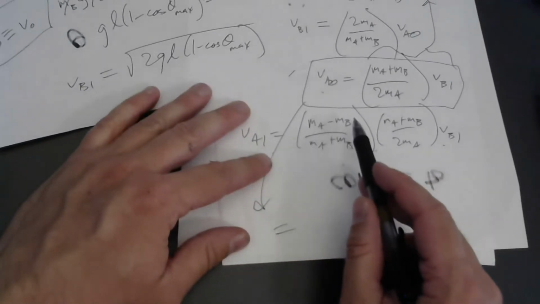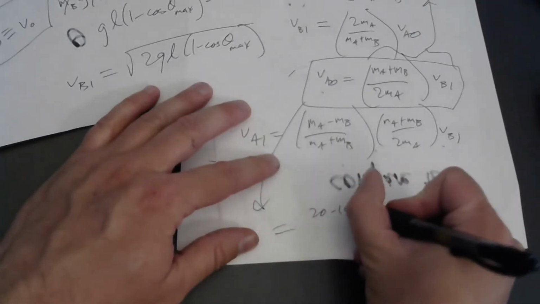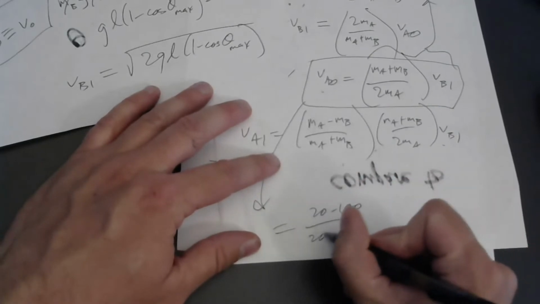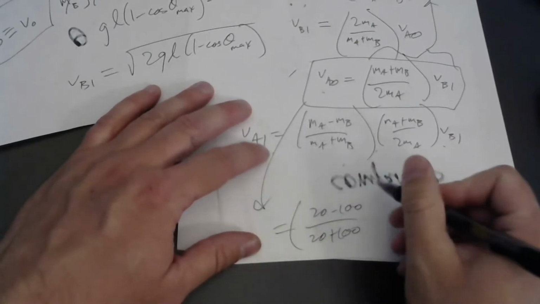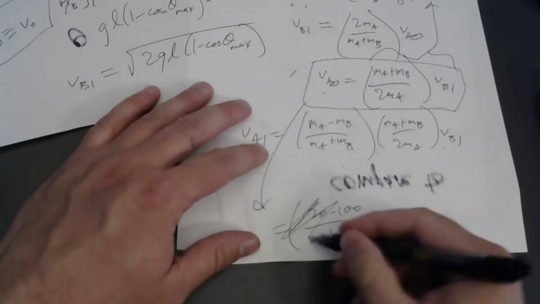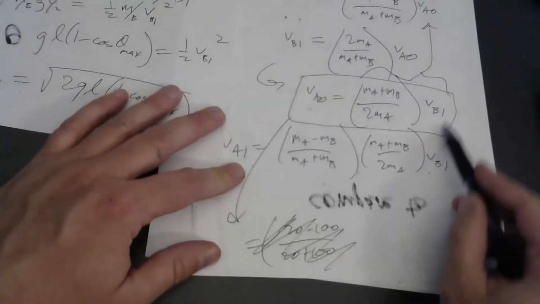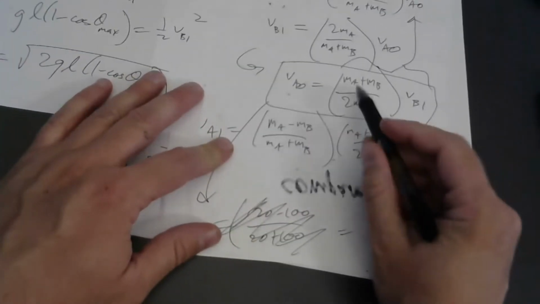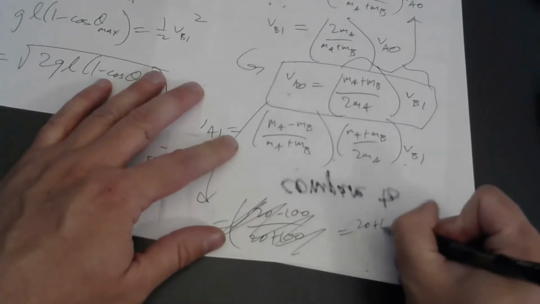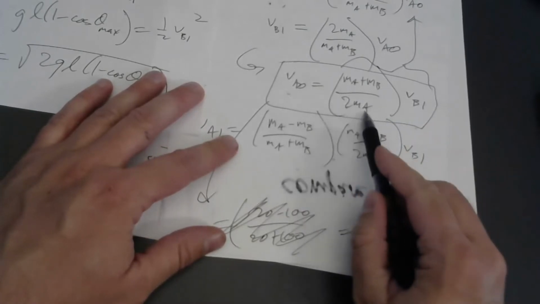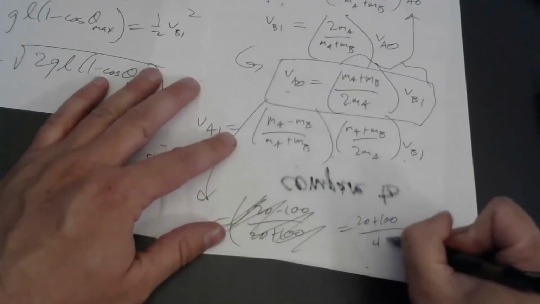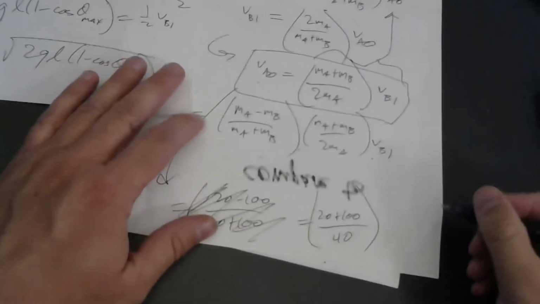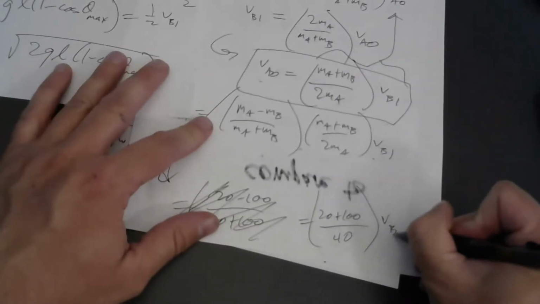We've got 20 grams and 100 grams, so 20 minus 100 over 20 plus 100. I'm sorry, I'm looking at the wrong equation, aren't I? I should be doing this one right here. So that's 20 plus 100 over 2 times the 20 grams, so that's 40 times. And then here's where you would want to actually evaluate VB1.